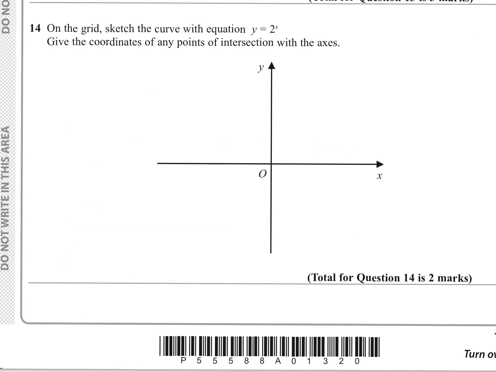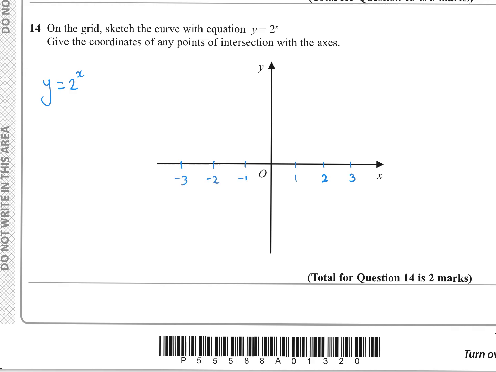Question 14. On the grid, sketch the curve with equation y equals 2 to the power x, and give the coordinates of any points of intersection with the axes. Well, I'm going to go up in ones on this axis. 1, 2, 3, and so minus 1, minus 2, minus 3.